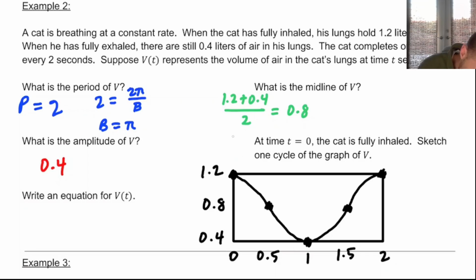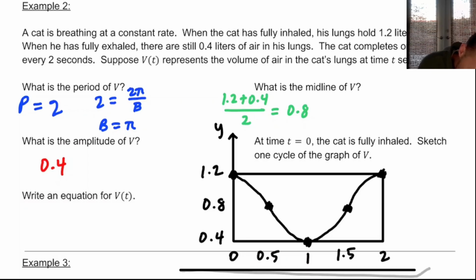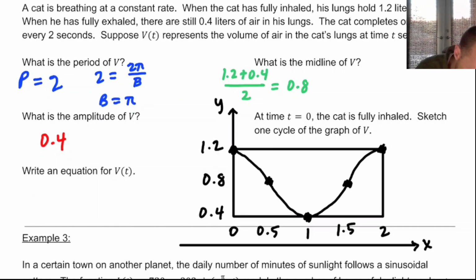And if we had to draw in a y-axis and an x-axis, that could be an x-axis there. I guess really it should be a v-axis and a t-axis. Okay, and then there we go. Now we've got ourselves a nice graph.